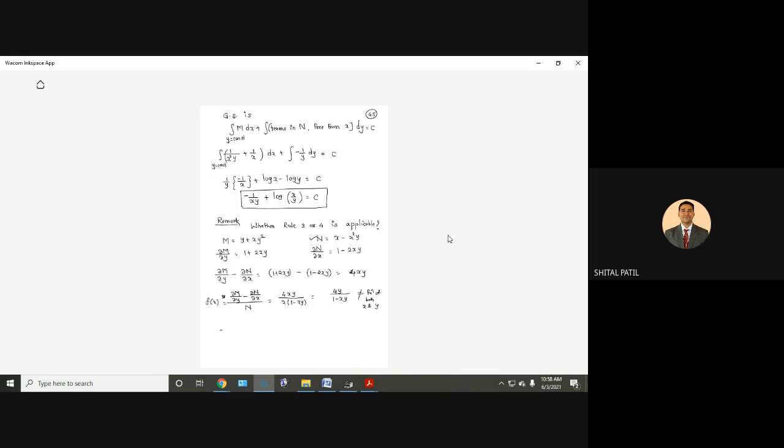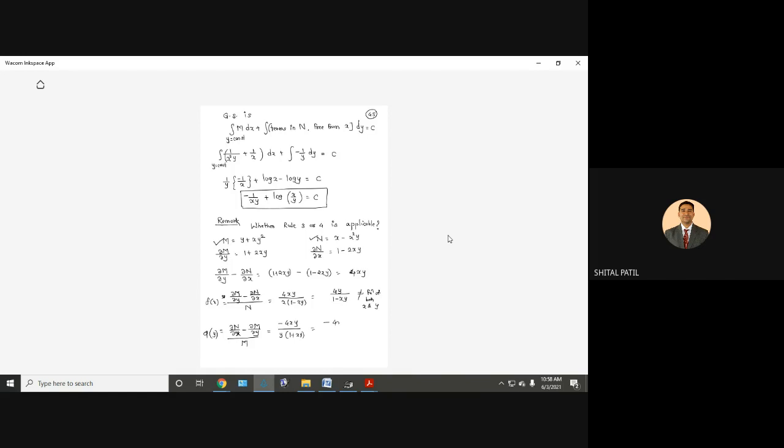Now see, we'll check this. Del n by del x minus del m by del y, divided by m. A function of y only is required, or maybe a constant. Only the sign will be minus, minus 4xy divided by m. I can take y common from m. So 1 plus xy. Cancel the y.